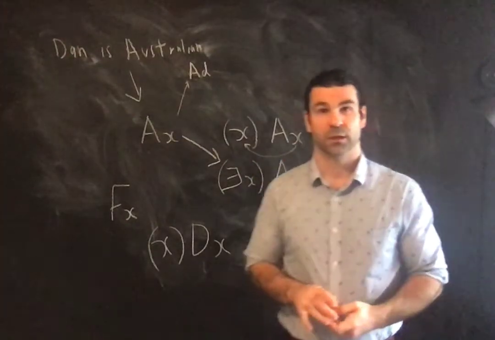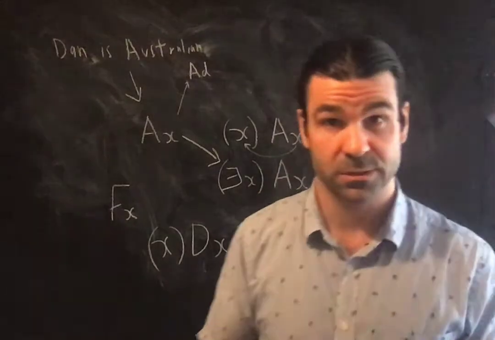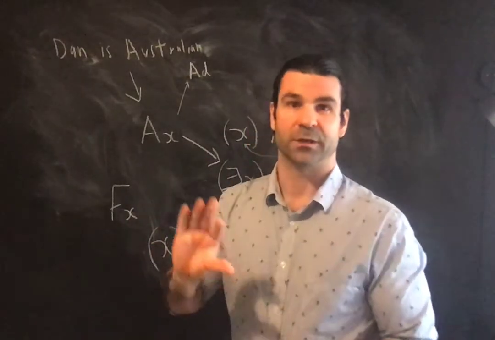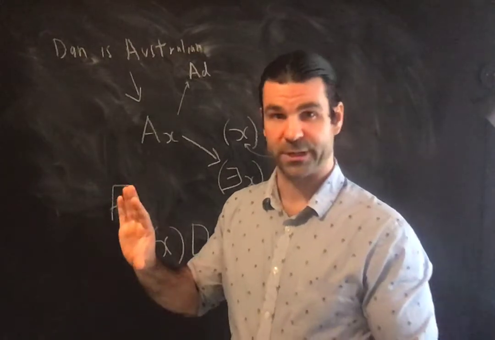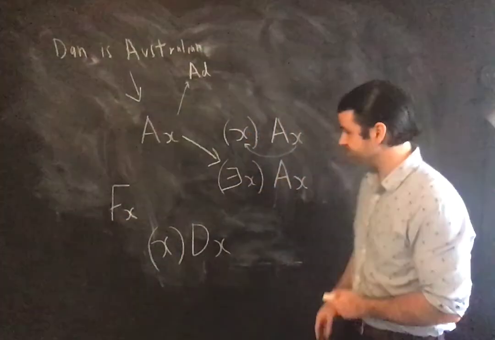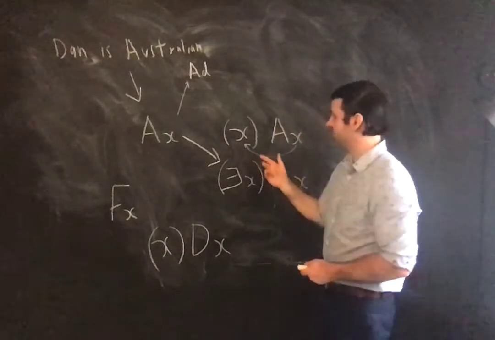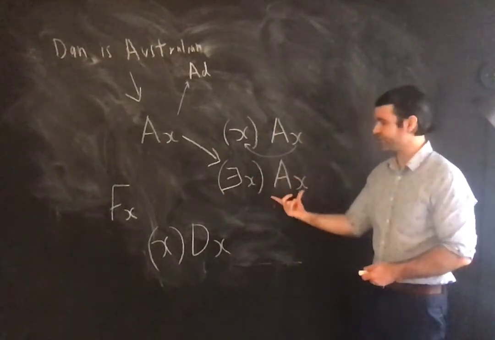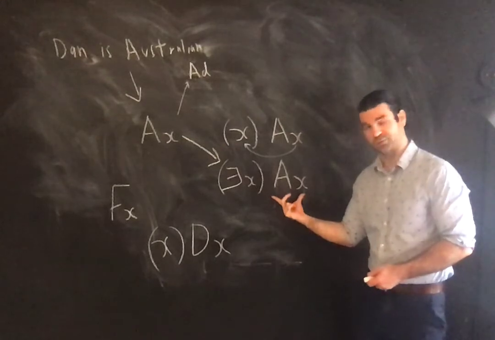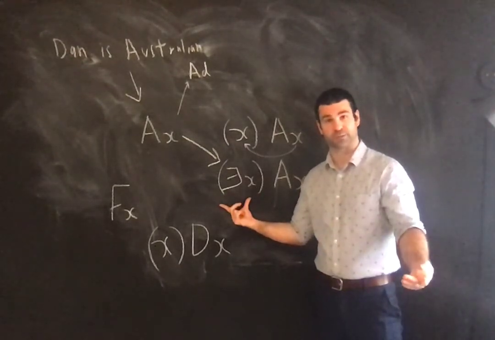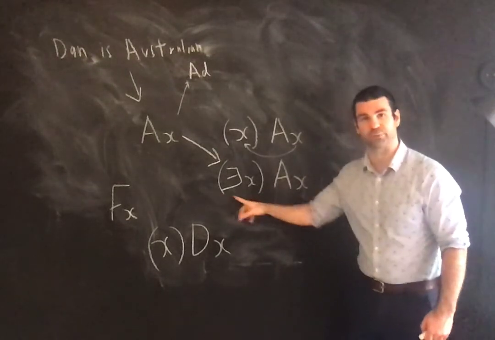Another topic introduced in one of the later sections of Unit 11 is the scope of a quantifier, the idea of bound versus free variables. We'll get to that. But we have a sentence: for all x, x is Australian. Or if I prefix the propositional function, x is Australian, with the existential quantifier, I get another quantifier statement. How do you read this?